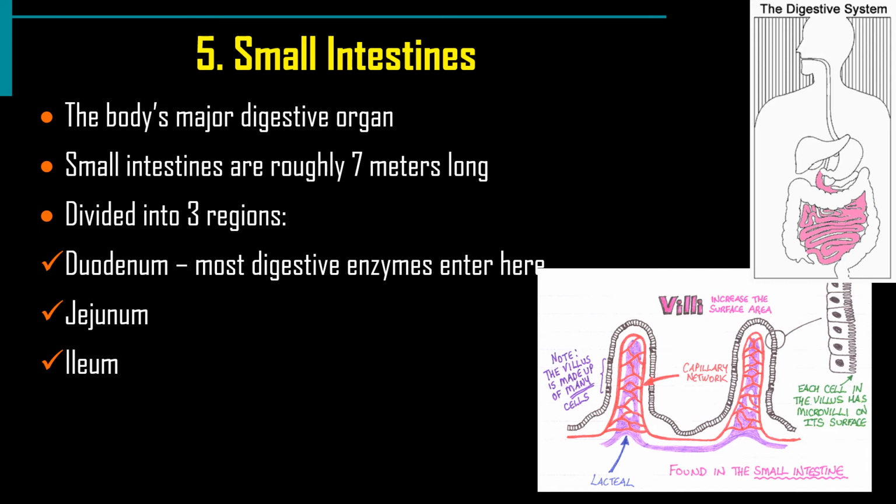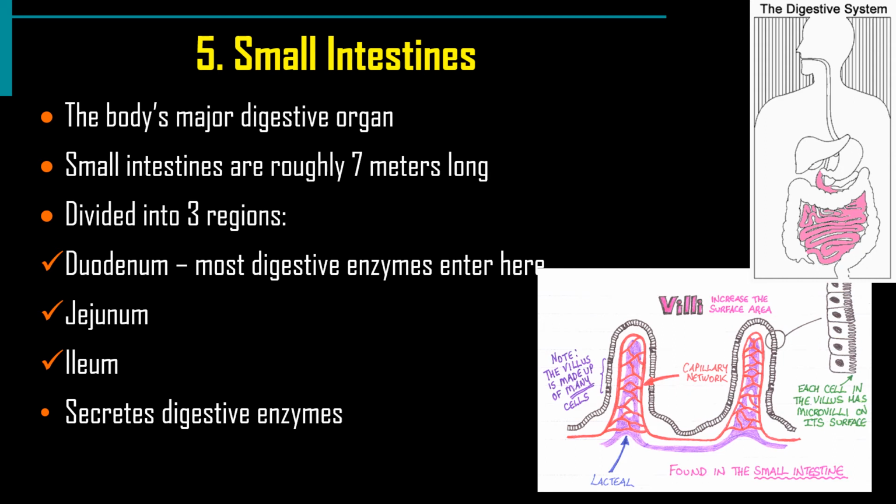First, digestion is completed, and second, digested food is absorbed. The absorptive surface area of the small intestine is about 250 square meters.